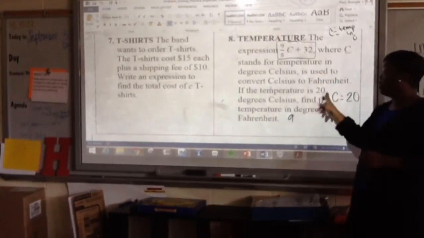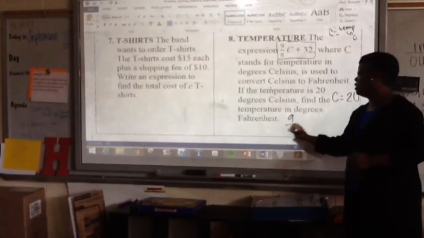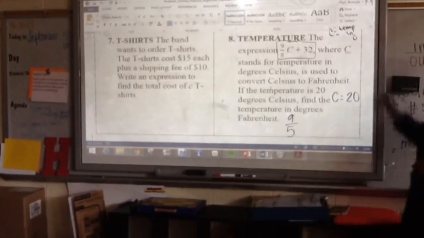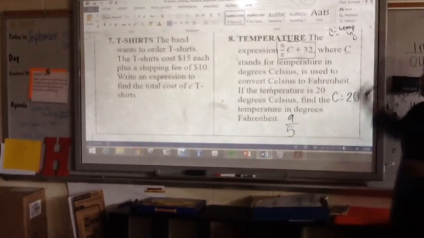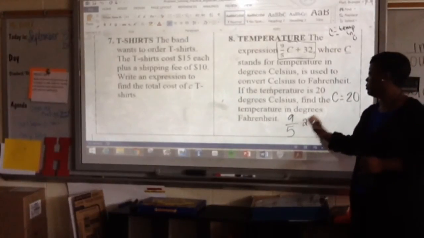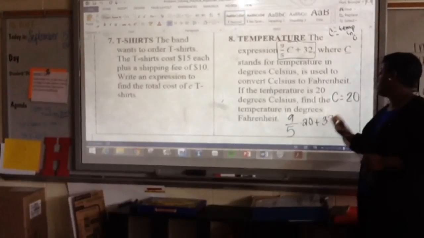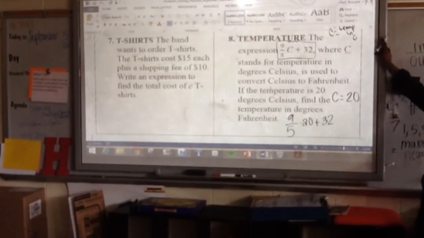If the temperature is 20 degrees Celsius, what am I going to do with C? Substitute it in for what number? 20. What's my next step? Okay, before I multiply, what do I have to do to that 20? Put it over 1.